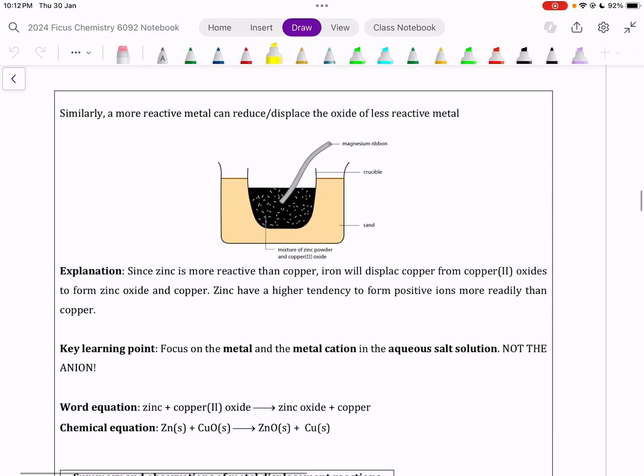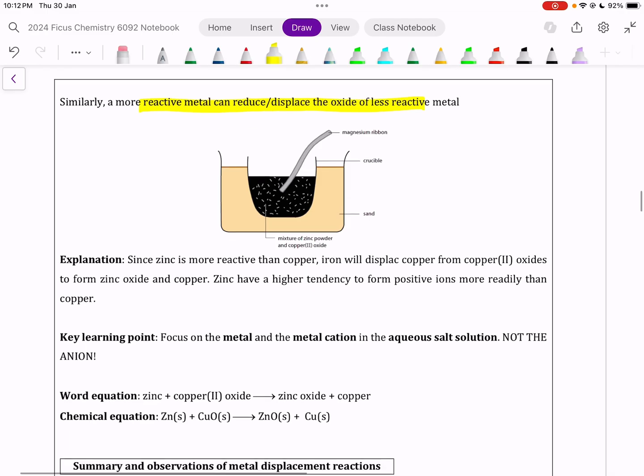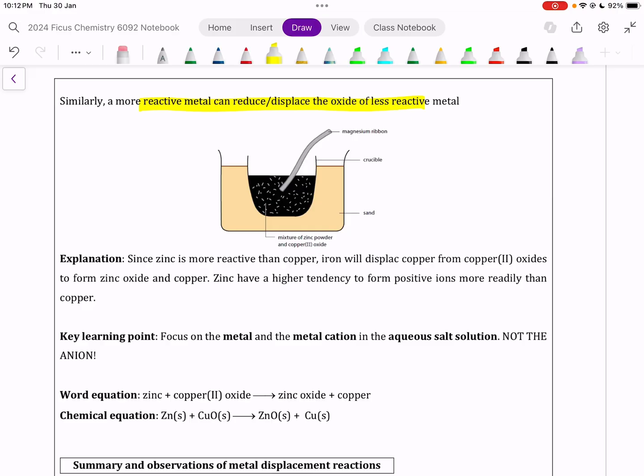Then similarly, the reactive metals can reduce or displace less reactive oxides. The explanation is the same thing. In this case, zinc and copper 2 oxide. Zinc is more reactive, so it can displace copper to form zinc oxide.